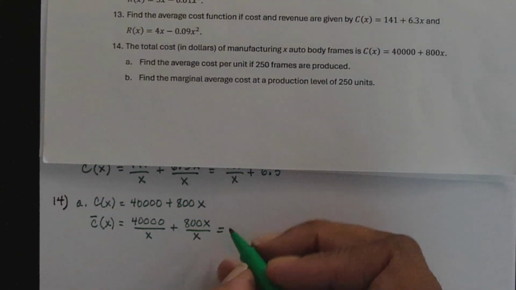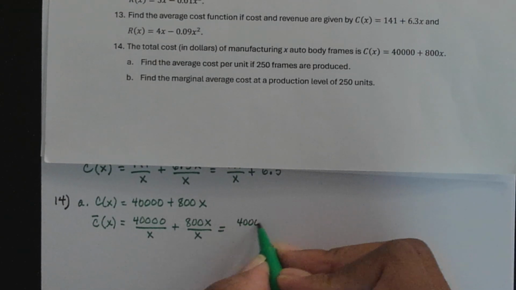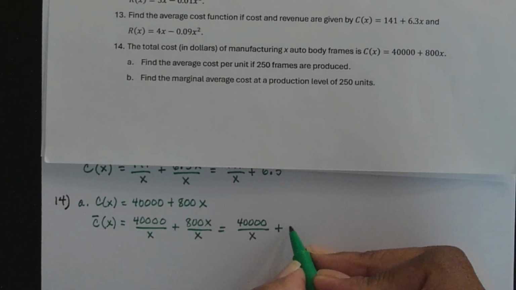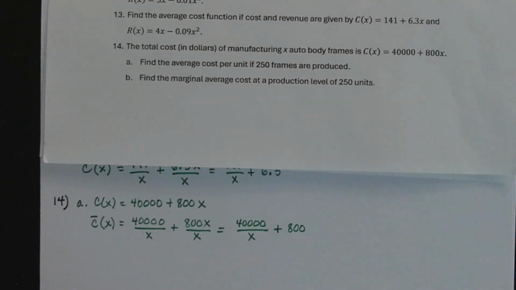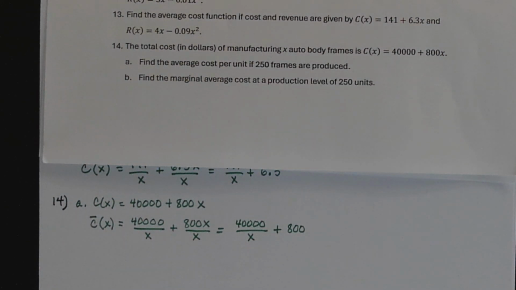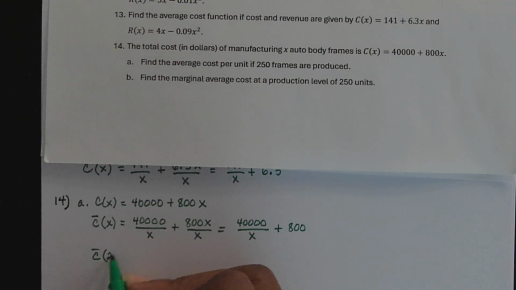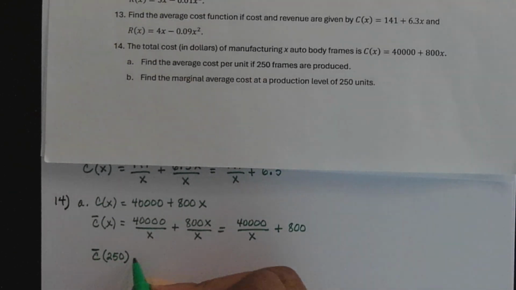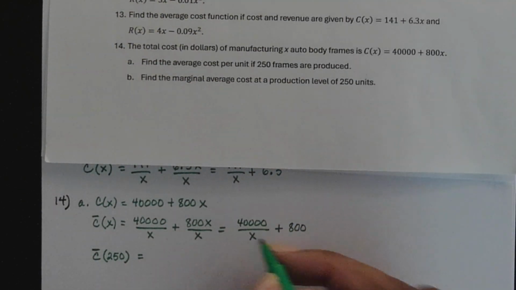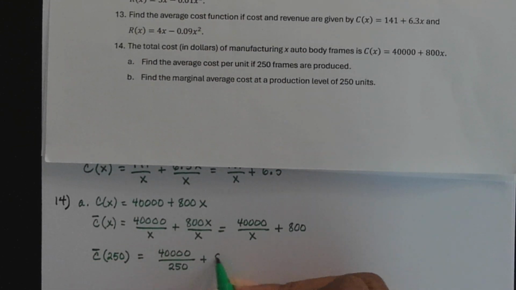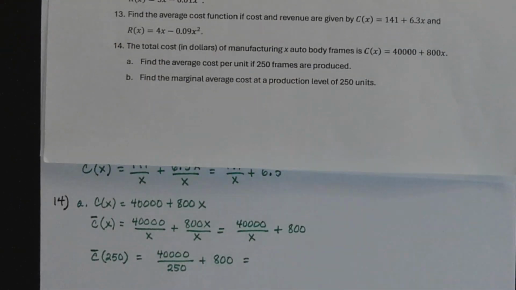So that means I'm going to have 40,000 over x plus 800x divided by x is just 800. Now I'm going to use that to find out the average cost per unit if 250 units are sold. So C bar of 250, take this, replace the x with 250. So it'll be 40,000 divided by 250, plus 800.